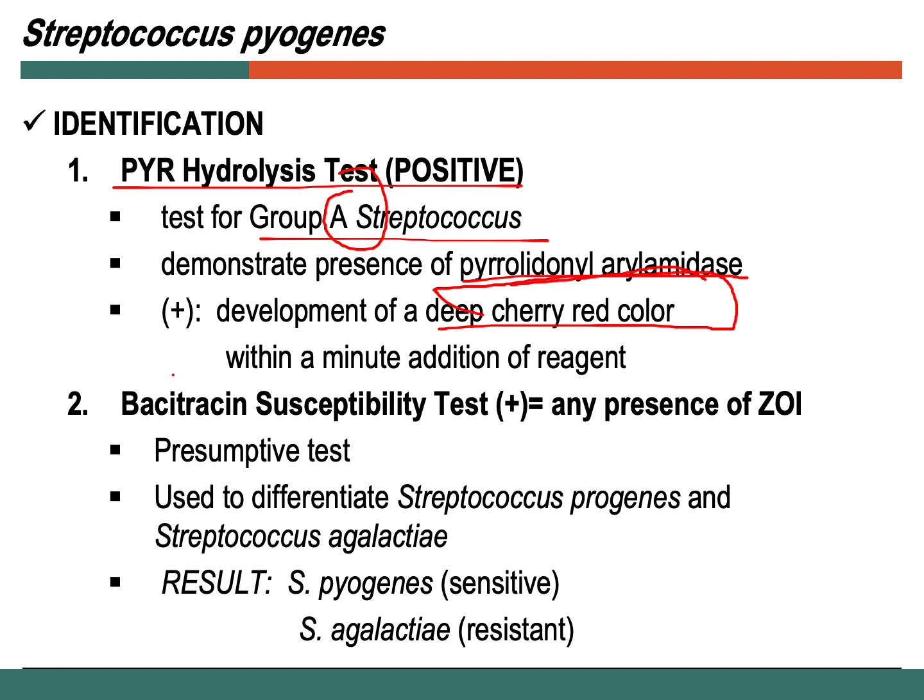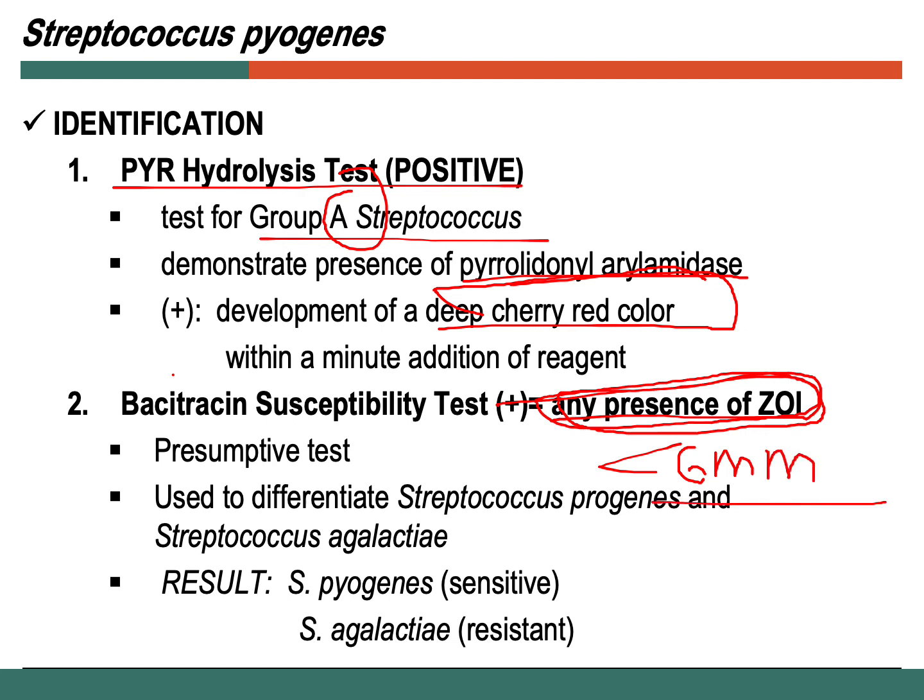Another test is your bacitracin susceptibility test. A positive result for the bacitracin susceptibility test is any presence of zone of inhibition. It should be more than 6 mm, of course, because the 6 mm is the measurement of your antibiotic disk. Any measurement of zone of inhibition indicates that the organism is susceptible.